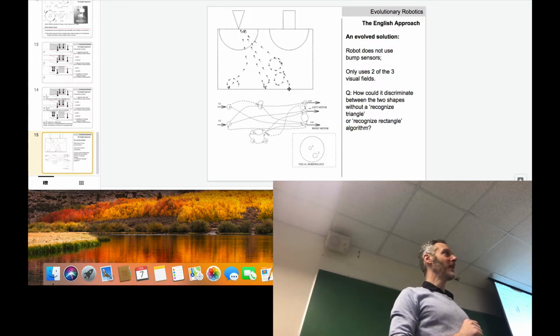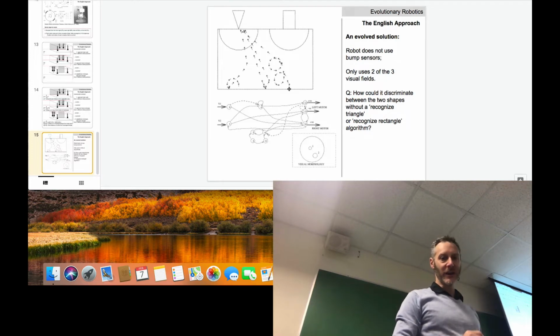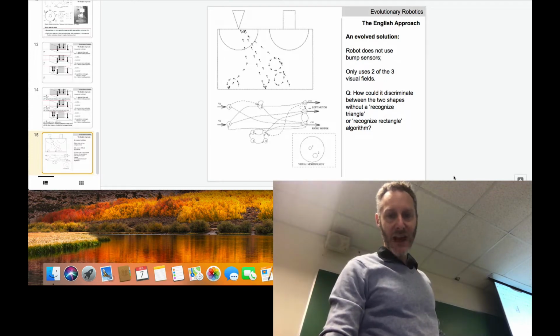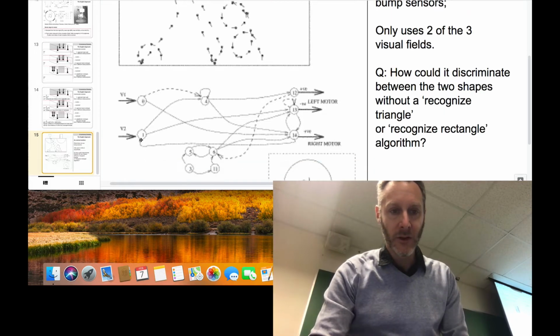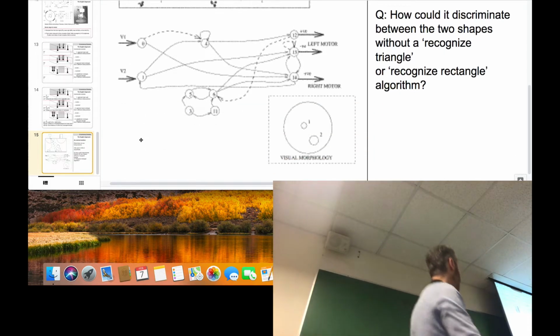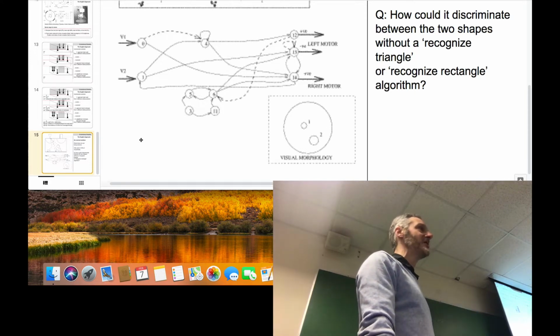So the corkscrew behavior seems kind of odd. Let's see if we can figure it out. The clue to figuring this out is actually hidden in the neural network itself. Let's have a look at this. We have 2 inputs here, which correspond to the 2 visual fields, the 2 circles that you see down there.